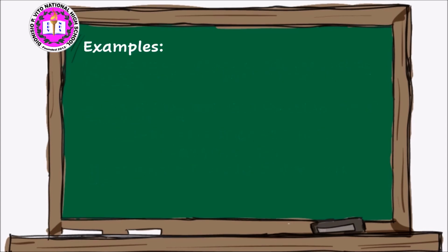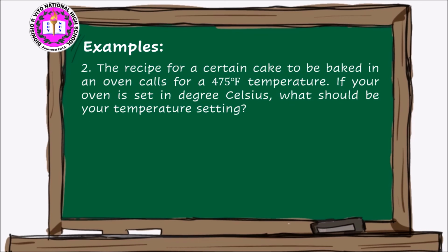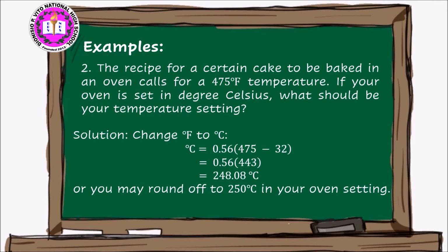Second example. The recipe for a certain cake to be baked in an oven calls for a 475 degree Fahrenheit temperature. If your oven is set in degrees Celsius, what should be your temperature setting? So we're going to change our degree Fahrenheit to degree Celsius.